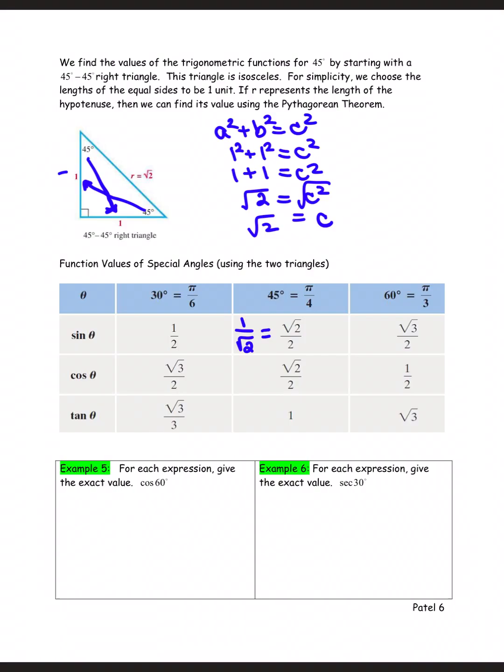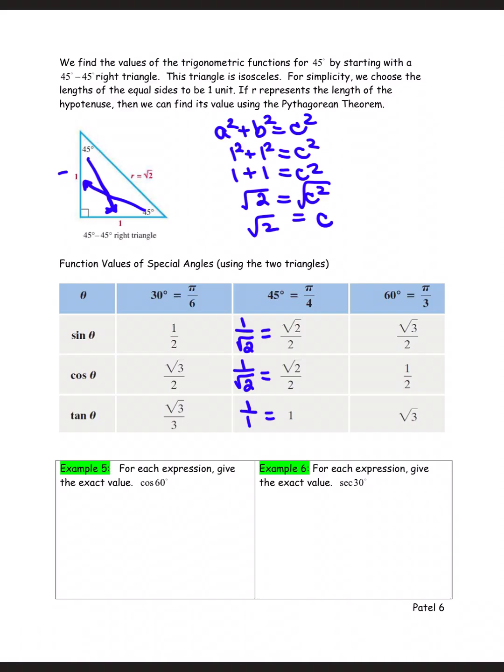Cosine of 45 degrees is also 1 over square root of 2. Multiplying by square root of 2 over square root of 2, we get square root of 2 over square root of 4, which is 2. So that's also square root of 2 over 2. Tangent of theta is equal to opposite over adjacent, which is 1 over 1, and that gives me 1.